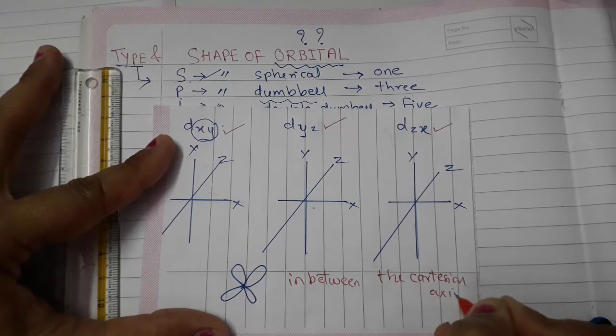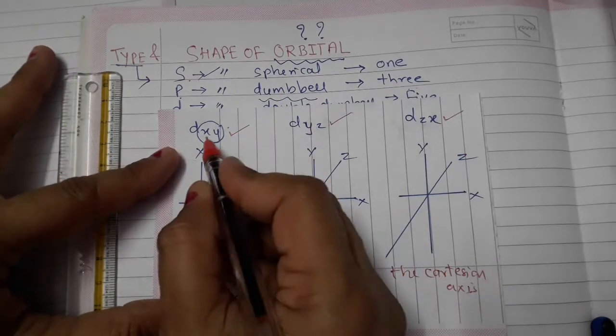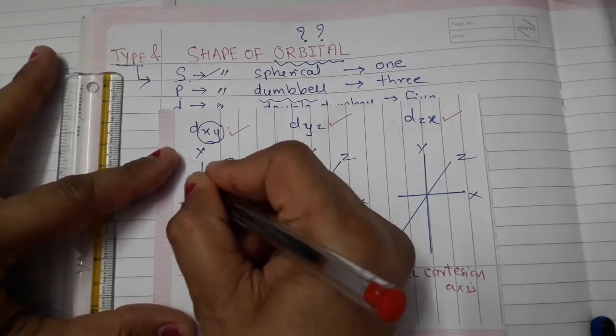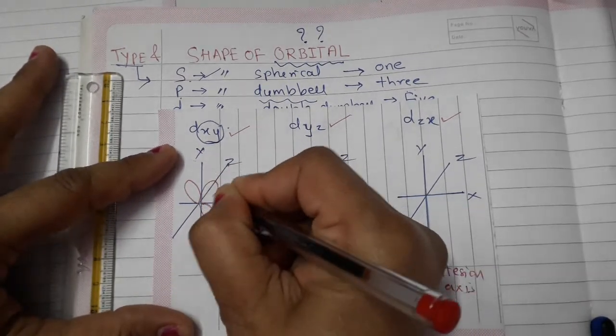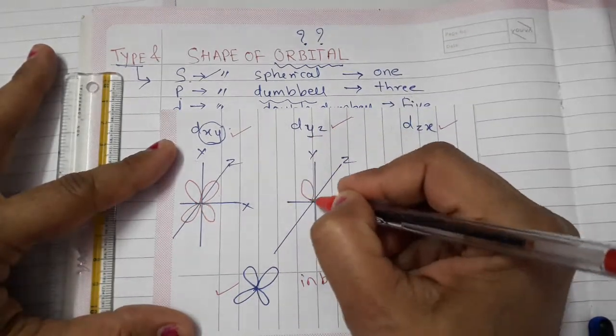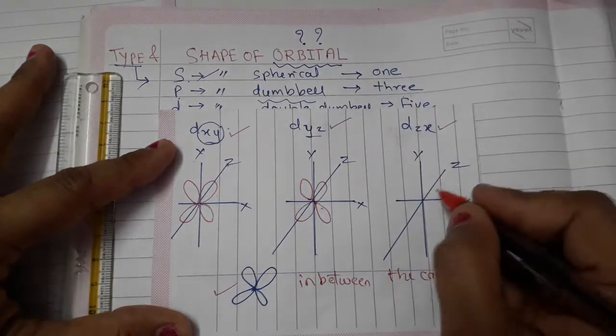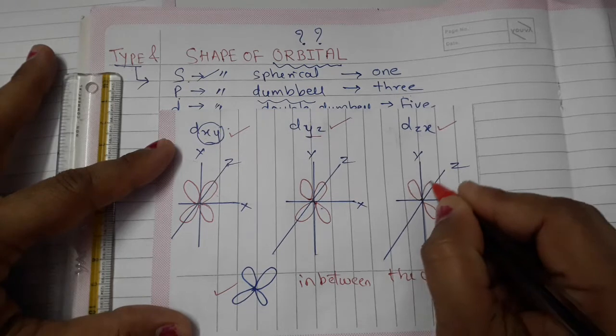Okay, so how to draw their structures? Shape is this. Alright, so I draw here, it is dxy, it is lying in between the Cartesian axis. So I draw like this. This is also dyz in between the Cartesian axis. Okay, dzx, this is also in between the Cartesian axis.